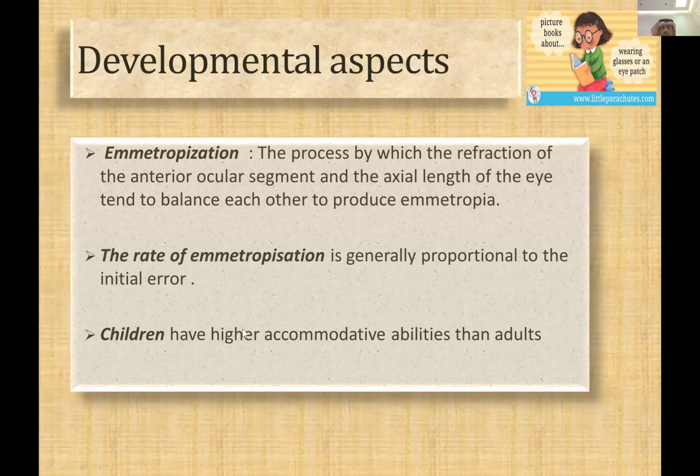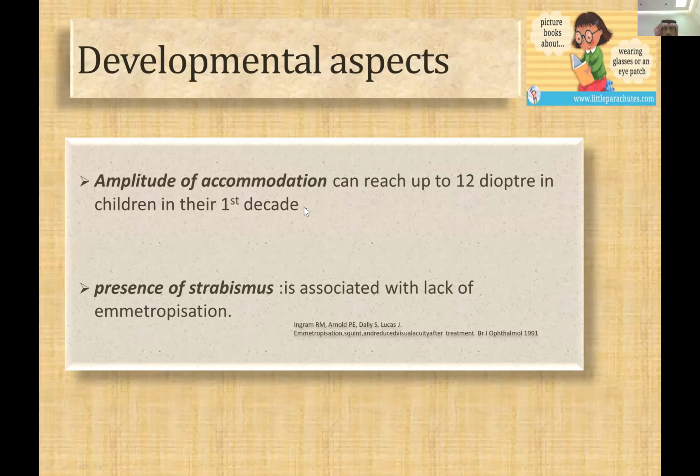Children have higher accommodative ability than adults. This is clear for everyone. The amplitude of accommodation can reach up to 12 diopters in children in their first decade. And this is why in some situations you will find a child has a reading of -6 or -5 on auto-refraction, and also if you do manual retinoscopy, you'll find he is myopic, and sometimes they have a blurred image.